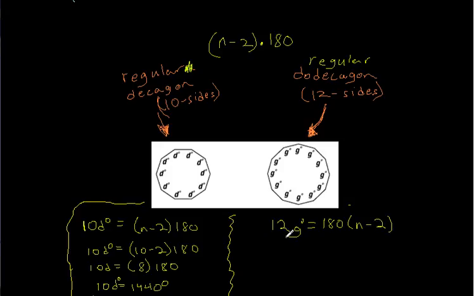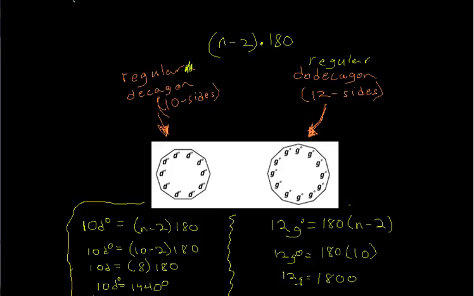Well, n is the number of sides, so 12g degrees equals 180 times 10. That is going to be 1800.